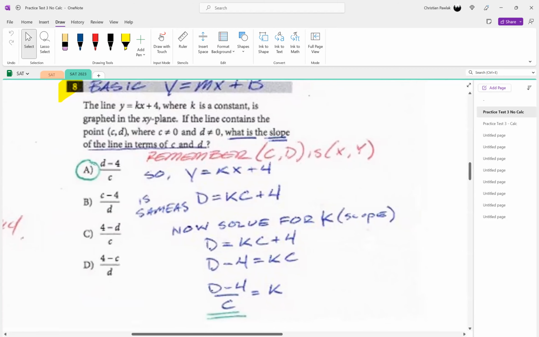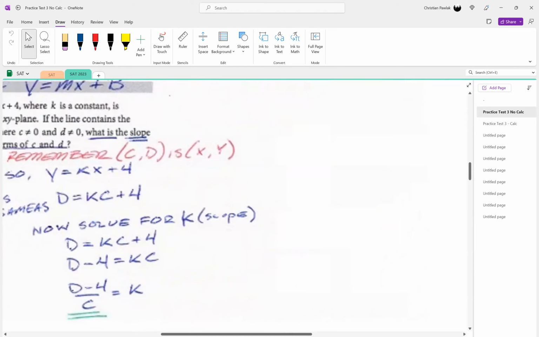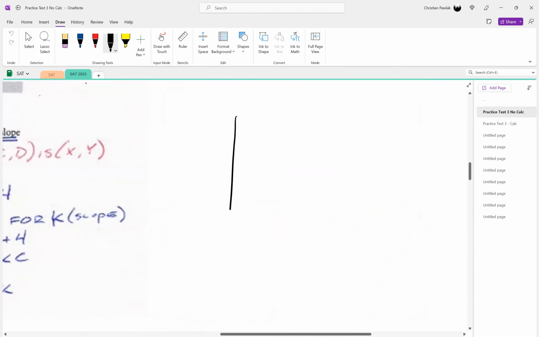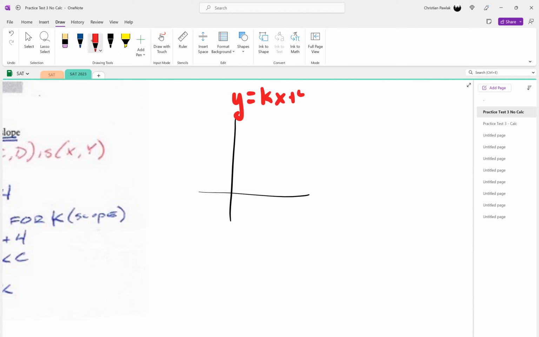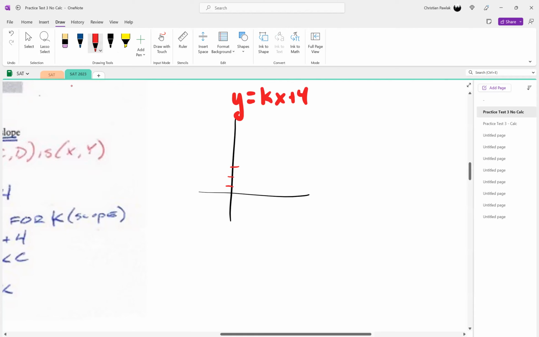Here's another way that I found helps some students. I have y equals kx plus 4. Since you have y equals kx plus 4, I can actually graph this, and I don't have to be perfect about this, but I can sketch it. You do know one thing about this graph, and that's the starting point. The starting point has to be 4 units up, okay?